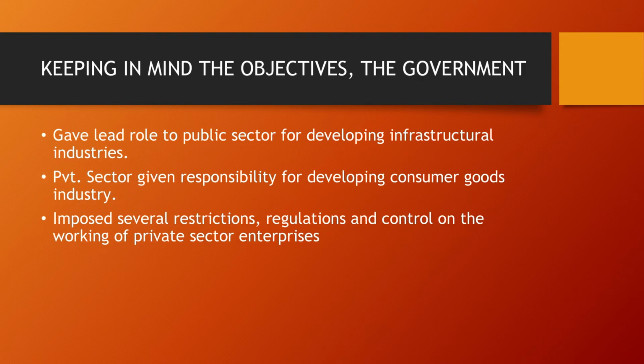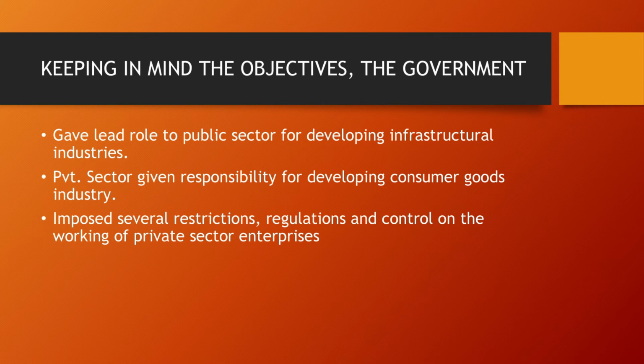Having got independence after almost 200 plus years of struggle from the Britishers and after formulating their own constitution, the pioneers in the political sector of India basically did not have any other option but to keep the entire control under the government. And that is exactly why they gave a lead role to the public sector for developing infrastructural industries.